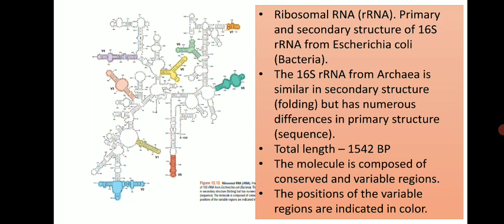The colored regions show the variable and conserved regions. The conserved regions are similar in all types of microbes, and the variable regions vary among different types of microbes. So by examining these 16S rRNA molecules from different microbial species, we can identify which type of microbes they are, and how they evolved, meaning how they are evolutionarily related with each other.